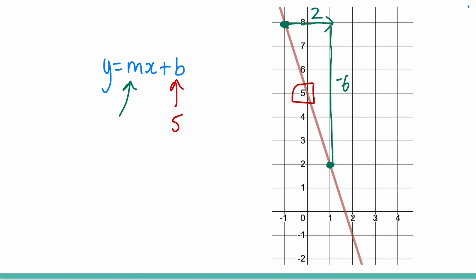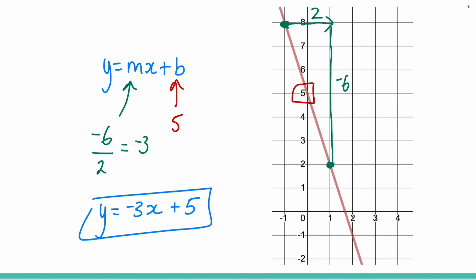Don't forget the negative. So rise over run gives me -3. So therefore your final answer is y is equal to the gradient, which is -3x plus 5. And that would be the final equation for your line.